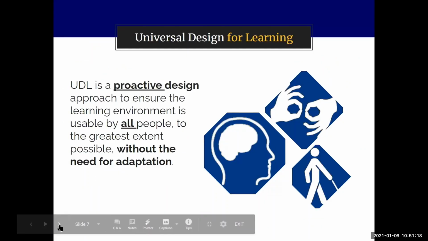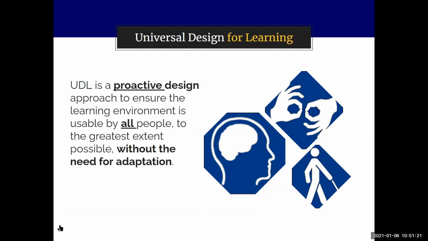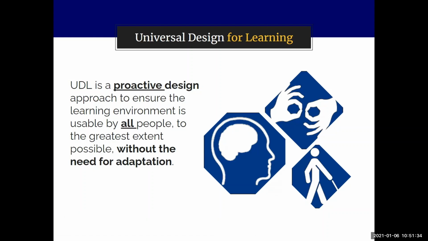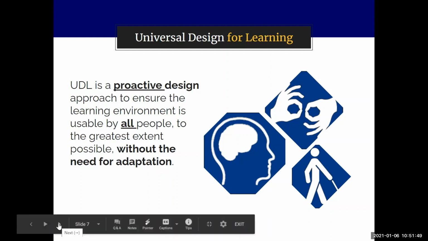If you're not familiar with UDL, it's a proactive design approach to ensure that the learning environment is usable by all people to the greatest extent possible without need for adaptation. Again, that's a disclaimer, because you're always going to run into someone who might need a little more help. But if you try to capture all learners in your class, it minimizes the modifications you need to do moving forward.